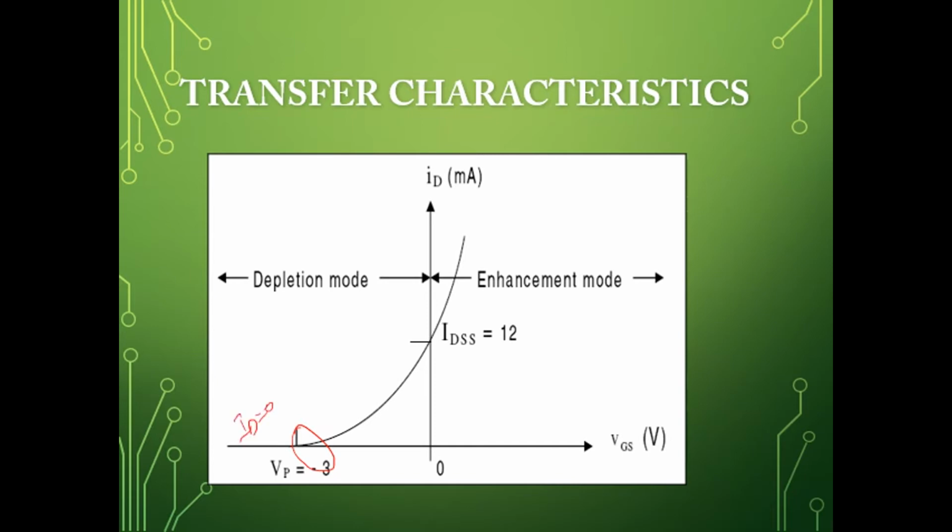Here the drain current is 0. So this is called the pinch off voltage, nothing but the threshold voltage of the MOSFET. So this is how a depletion type MOSFET works. Its working is completely different from that of the enhancement type MOSFETs. Okay, hope this concept is clear to you.